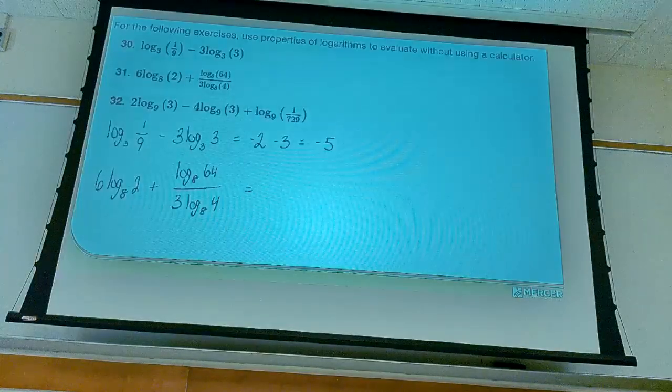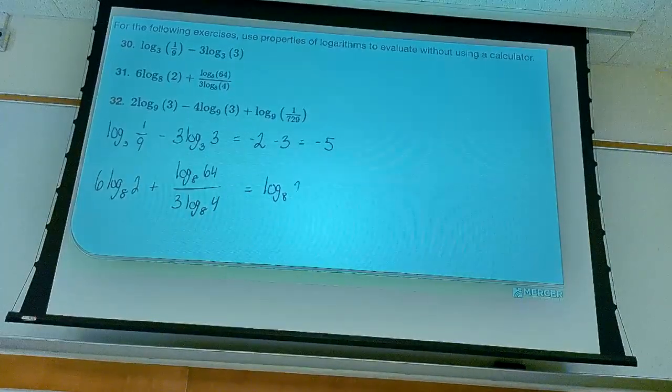I would have just gotten this question wrong before. So you could have done that. I'm not going to go that route, because let's just say you don't see it right off the bat. Do this. Just write that as log base 8 of 2 to the 6th. I'm not going to evaluate log base 8 of 64 for a reason.